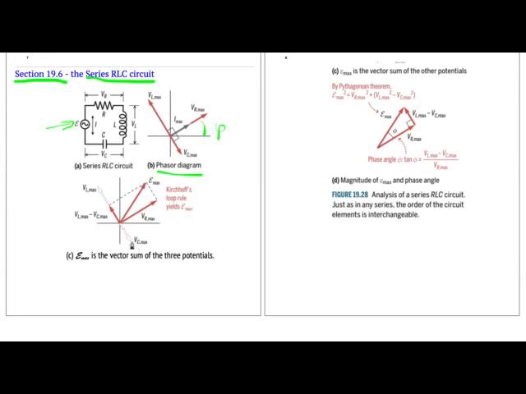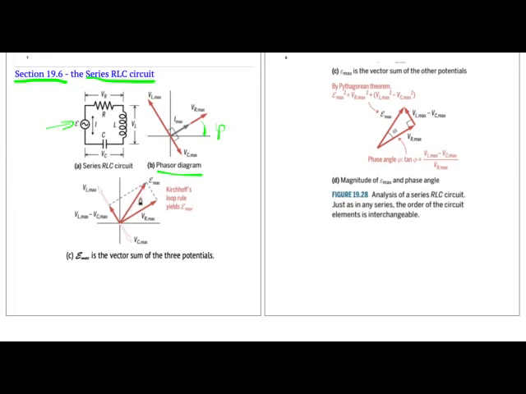VC is plus 90 degrees relative to R. VL and VC are in opposite directions. And Kirchhoff's loop rule says VR plus VC plus VL is the electromotive force. So there's the electromotive force.